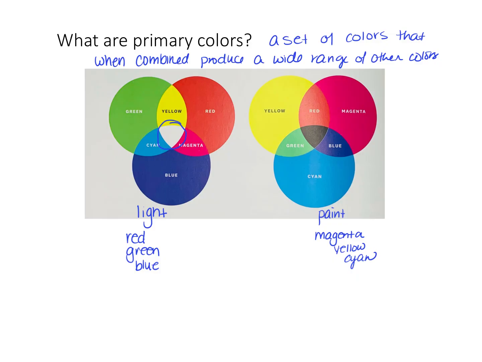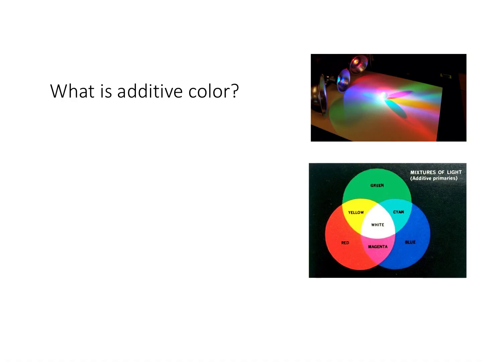Now you'll notice that when you mix the primary colors for paint, you get black, but when you mix all the primary colors for light, you get white. The reason is that these go through different mechanisms when they're mixed. So let's look at light first. Light undergoes additive color mixing.